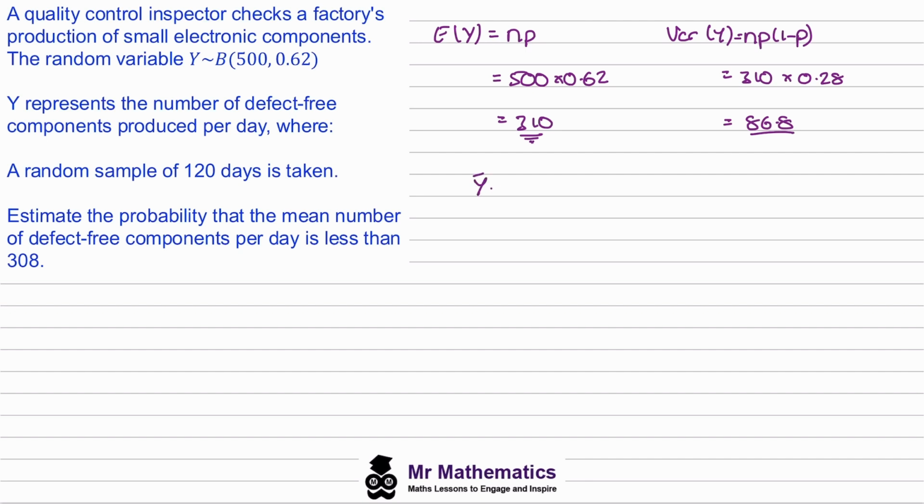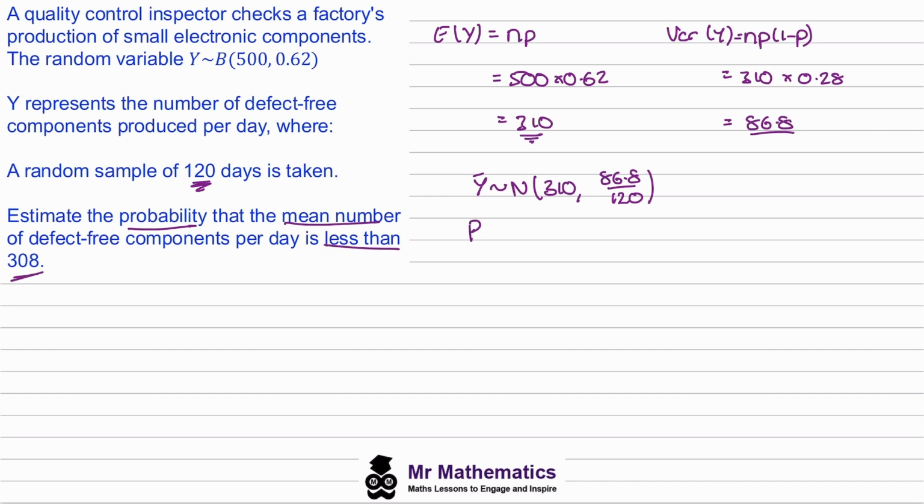Y bar will be distributed normally with a mean of 310 and a variance of 86.8 divided by our sample size of 120. And we've been asked to work out the probability that the mean is less than 308.